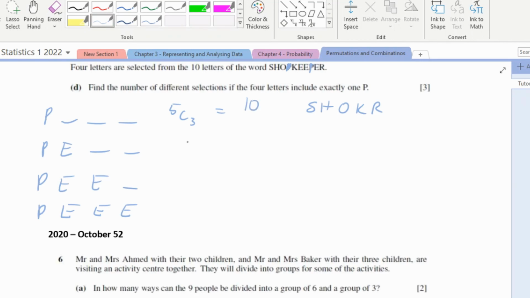What do you think about the next one, Thomas? It's also 10. The last one there, next one, Kenny? Yeah, and the last one would be 5 choose none. So, well, one way. Okay, so we add them all together.